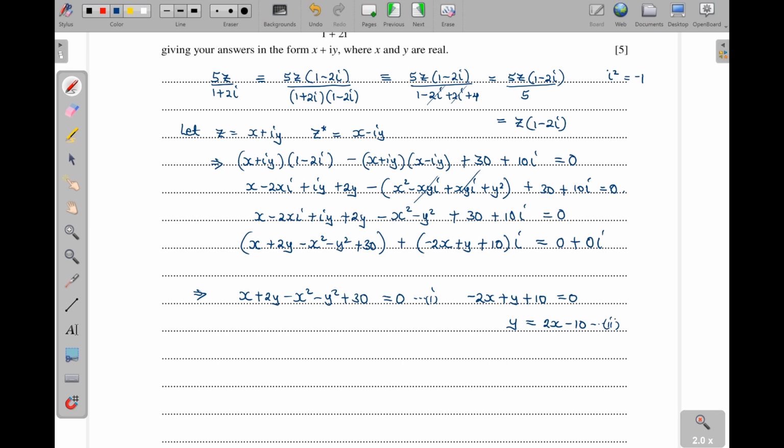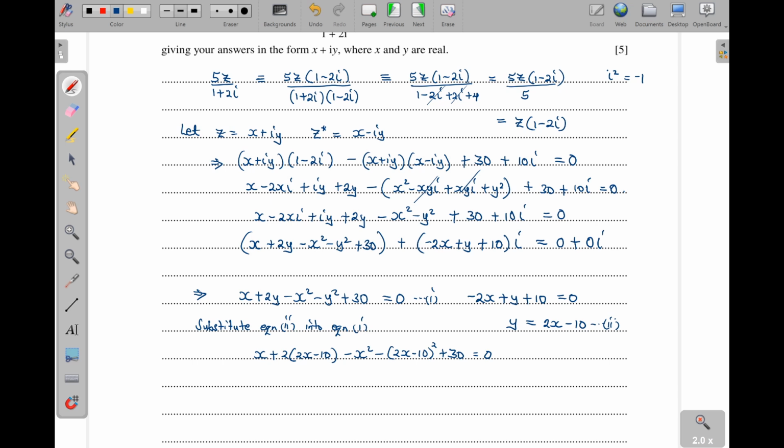So I can say that I substitute equation 2 into equation 1. So I will have x plus, wherever there is y, I'm going to put 2x minus 10, then minus x squared, minus 2x minus 10 all squared, plus 30 is equal to 0.